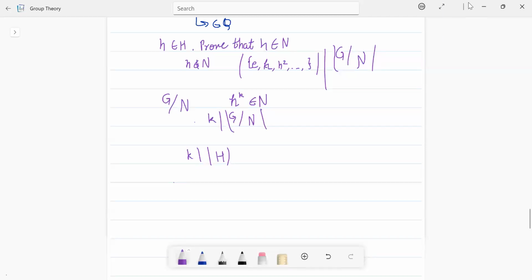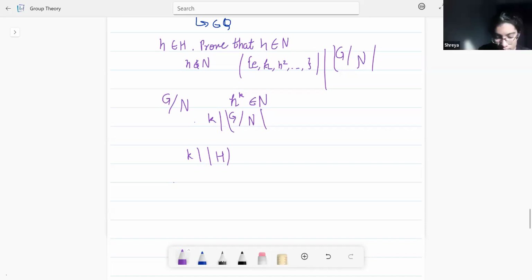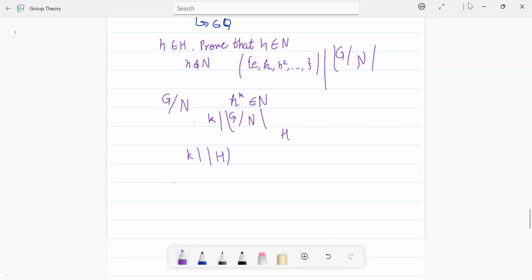Because for every element, we can just have h to the k multiplied by it. For any element in capital H, we can have h to 0 into that, h to 1 into that, h to 2 into that, h to k minus 1 into that. So, same argument as Lagrange.